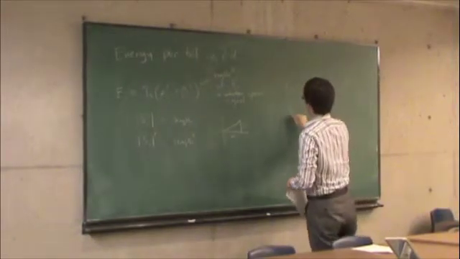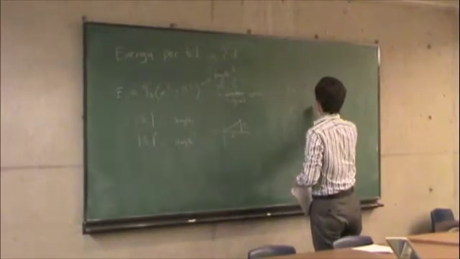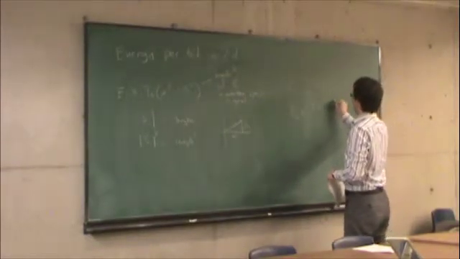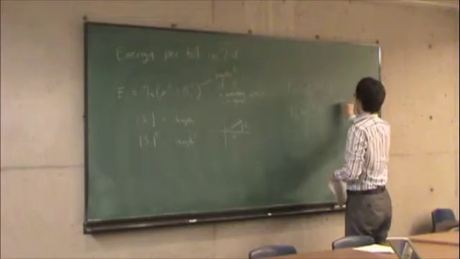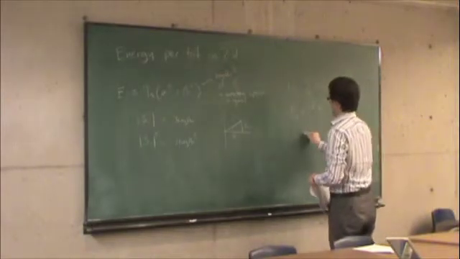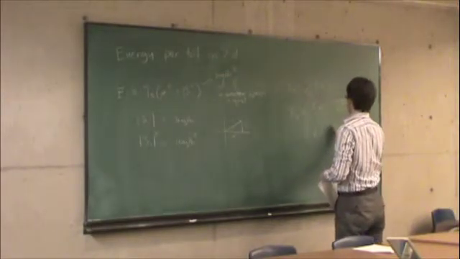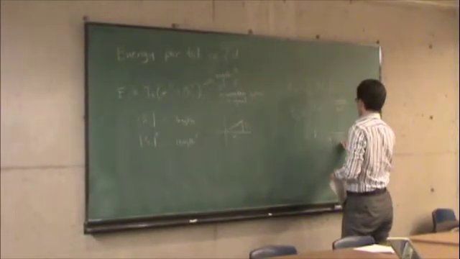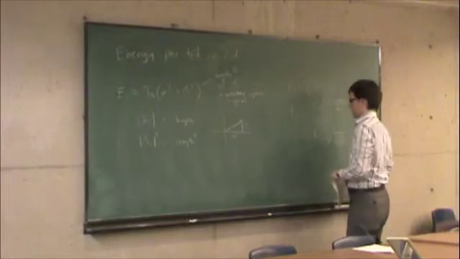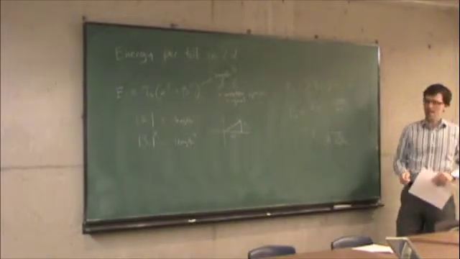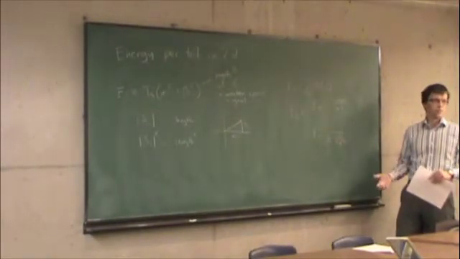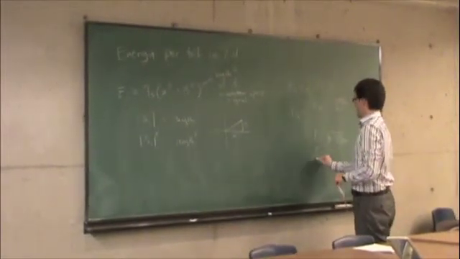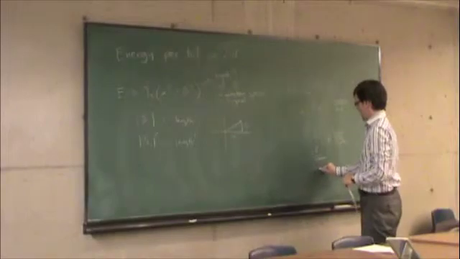Then energy per bit is equal to energy per symbol times 1 over the number of bits per symbol. How many bits are there per symbol? Log 2 of the number of symbols, which is M, so that's Es over log 2 M.